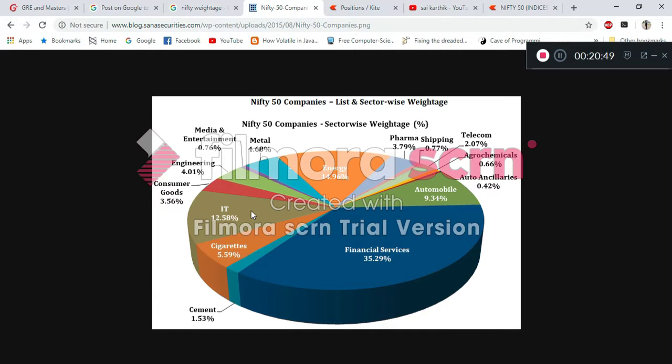Let's say IT is up. Generally, whenever financial services are up, IT will be down, and when IT is up, financial services are down. This is how in general it works, thereby managing the Nifty.